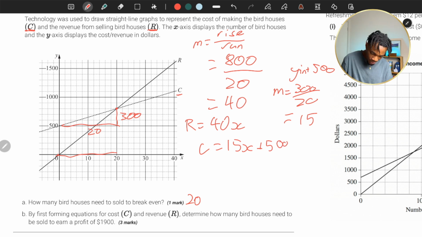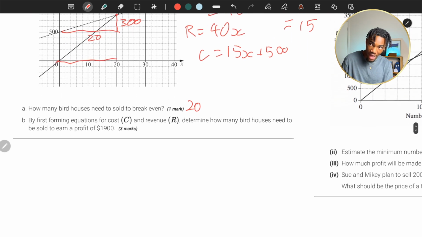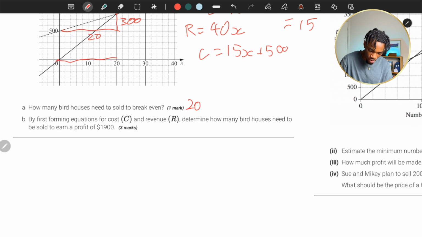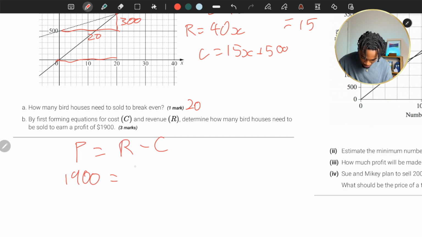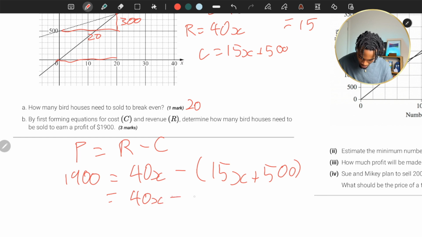By first forming equations for both of these, determine how many birdhouses must be sold to earn a profit of 1900. So profit equals revenue minus cost. Profit is 1900. Revenue is 40x. Cost is 15x plus 500. And then we just solve for x. So 40x minus 15x minus 500 equals 1900.